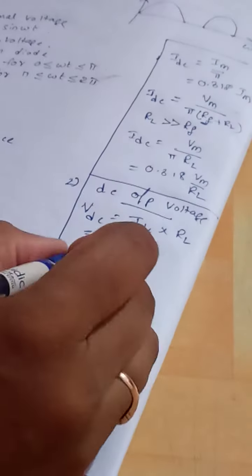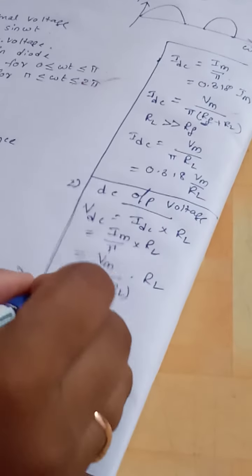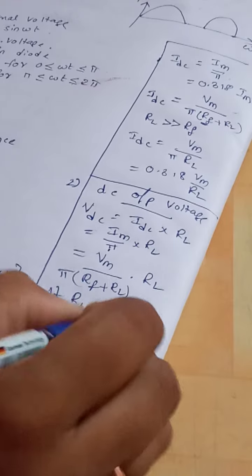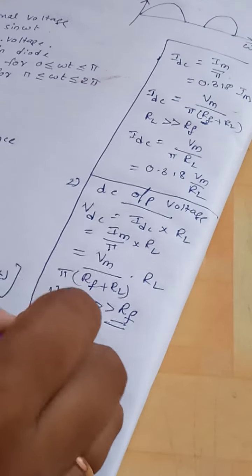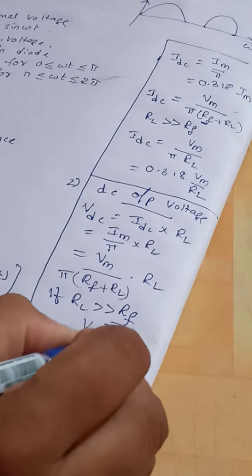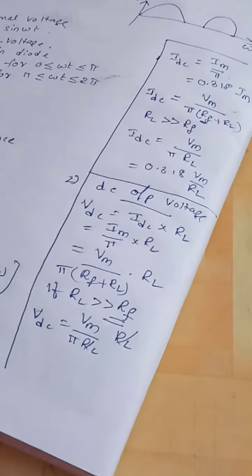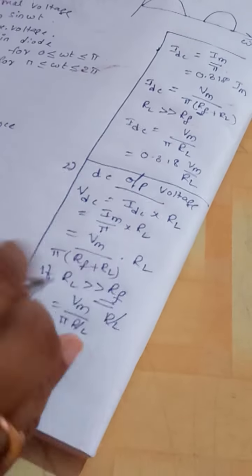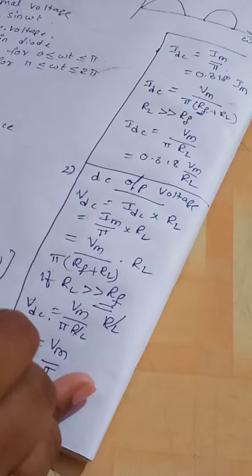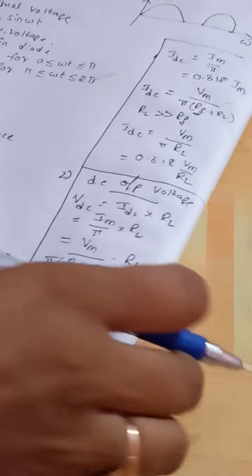Already here pi is there, I am writing this pi here into RL. If RL is far greater than Rf, we can neglect Rf. So VDC becomes Vm by pi RL into RL. RL strikes off and the answer becomes Vm by pi. This is the output DC voltage.